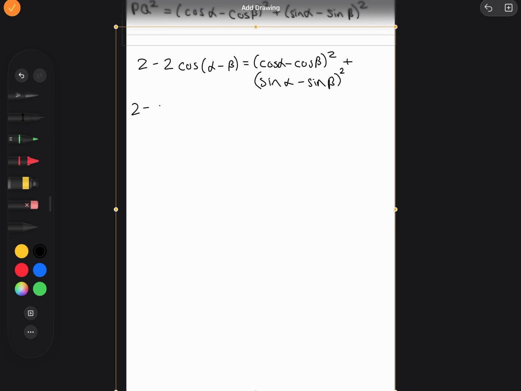Now we're going to simplify this. The left side is going to remain the same. We're just going to simplify the right. This is basically just a minus b whole squared, and we're just going to write that out.